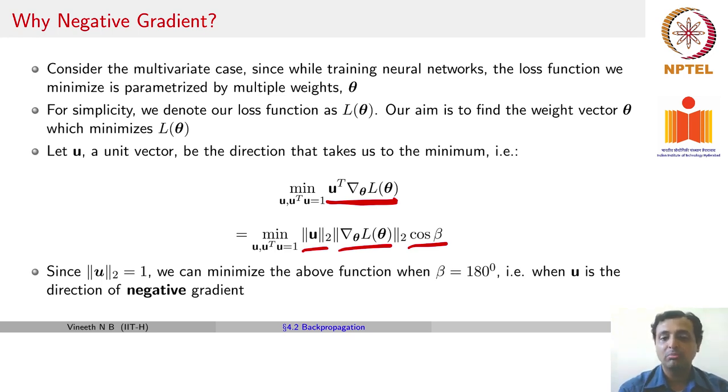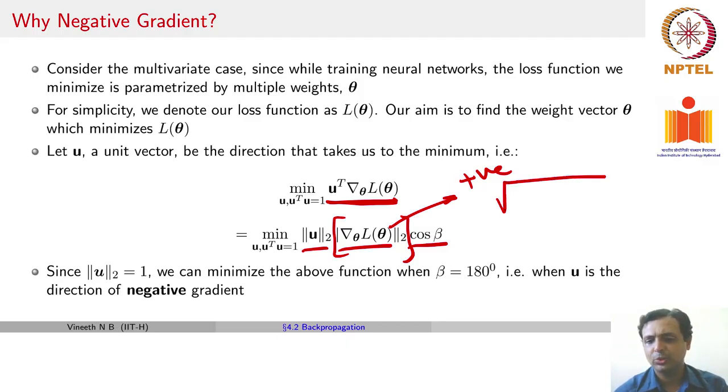Clearly, we know that the 2 norm is a positive quantity. Remember, the 2 norm in standard definition is simply the square root of L1 theta squared plus L2 theta squared, and so on, depending on how many components L had.